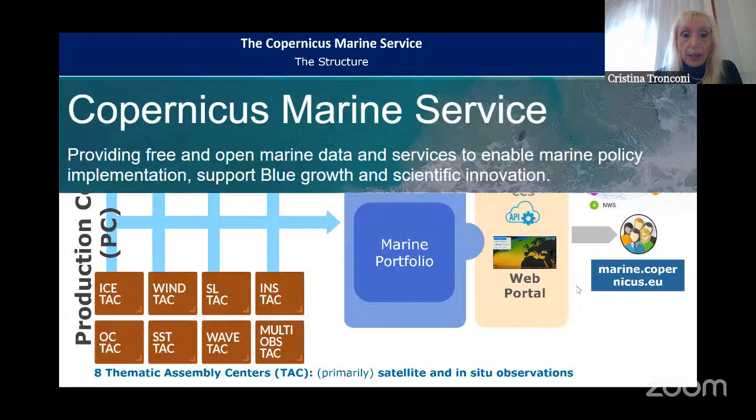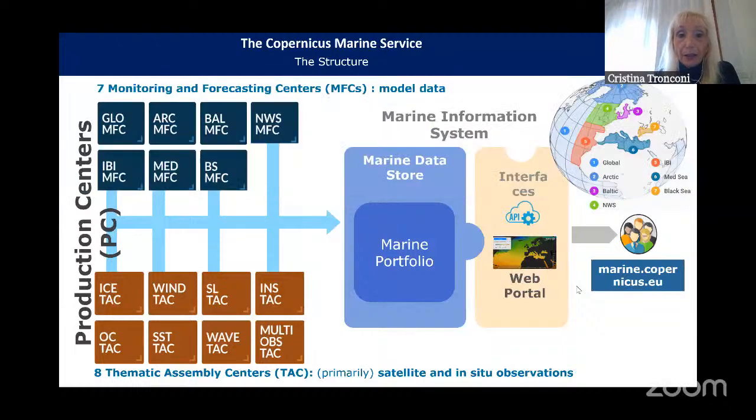Okay. So Copernicus Marine Services provide free and open marine data and services to enable marine policies implementation, support blue growth and scientific innovation. The structure of these services is this one.